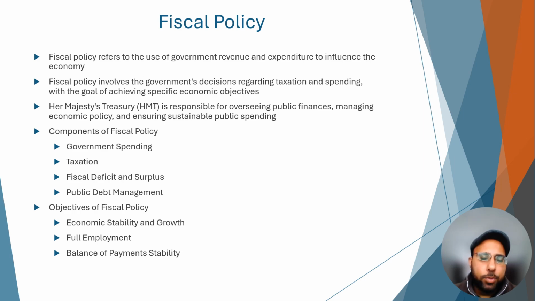Especially when it comes to the budget and so forth, you will hear phrases like the Treasury or the Chancellor of the Exchequer. It's important to get familiar with these because the Treasury works under the authority of the government and advises on fiscal policies, tax decisions, as well as public debt management. In the UK, as mentioned, the Treasury is led by the Chancellor of the Exchequer, who is responsible for overseeing the department's functions.